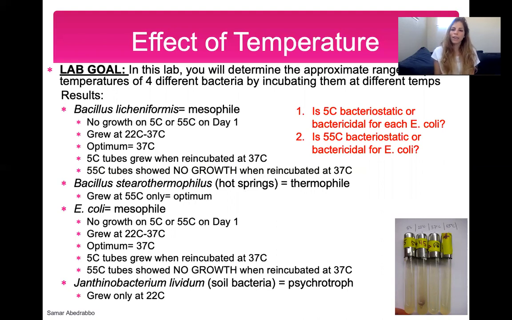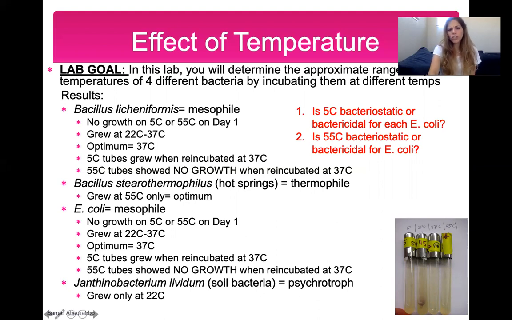So we say that 5 degrees Celsius is bacteriostatic. It stopped bacteria from growing. When we take the 55-degree tube and we re-incubate it at the optimum temperature, we saw no growth. So we would say that the initial temperature is bactericidal, meaning it actually killed the bacteria. So it doesn't matter what you do, the bacteria are dead. So please know these terms.